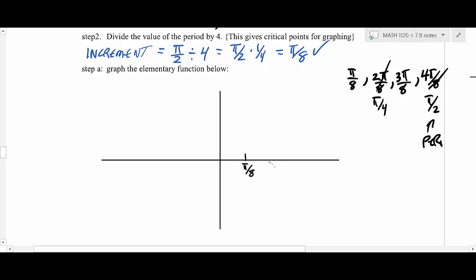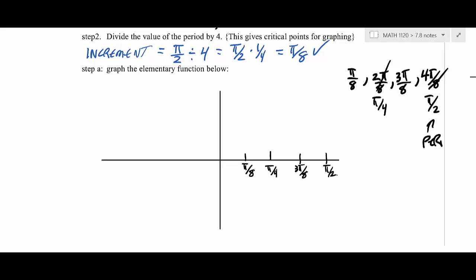You're going to have pi over 8, and then pi over 4, and 3 pi over 8, and then pi over 2. And again, what happens on that's all about 5 key points. We have 1, 2, 3, 4, 5. Okay, when you get those 5 right here, you'll have 1 cycle through the trig function guaranteed.